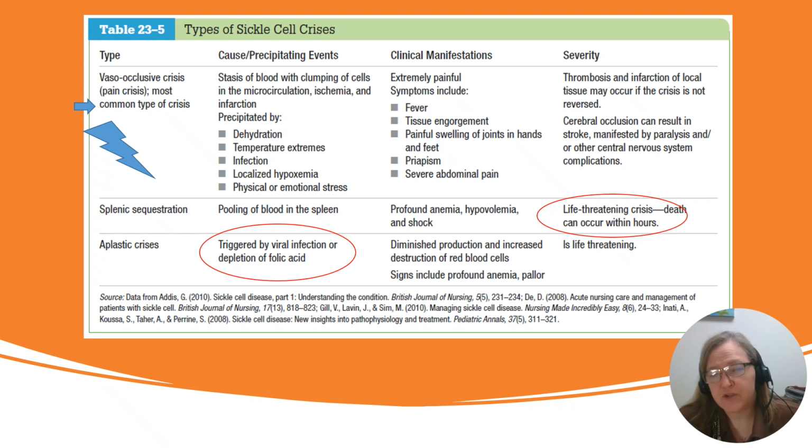Also, our temperature extremes, it's too hot in the summer and too cold in the winter, can cause sickle cell crises. But we do have students that come here to go to college at UNR, and they can be triggered during those times of the year. When they get sick, they can be triggered into a sickle cell crisis. Anytime they get a fever, they can have a sickle cell crisis.